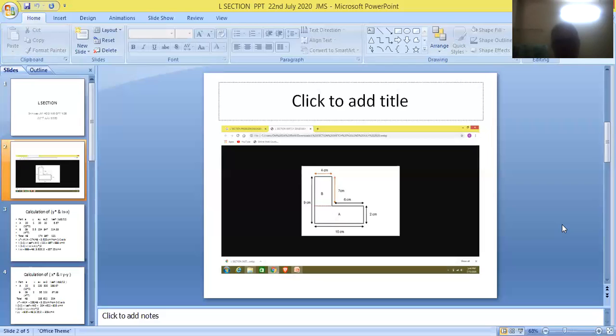One is the horizontal component placed at the bottom of the figure, that is the bottom flange. The vertical component placed above the flange of the section is called the web of the section.